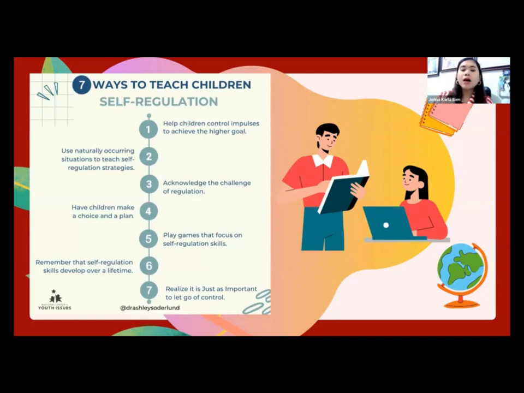But if you acknowledge the challenge of it, okay, 1 week hindi ako magpapalate. Di ba? Pero may mga instances na hirap ka talagang bumangon ng maaga. And that's a challenge. Now, your self-regulation should come in there. How will I motivate myself more? I should exert more effort. And have children make a choice and plan.